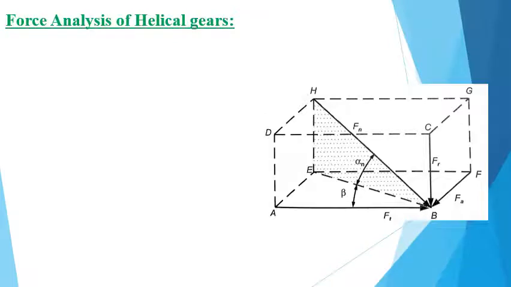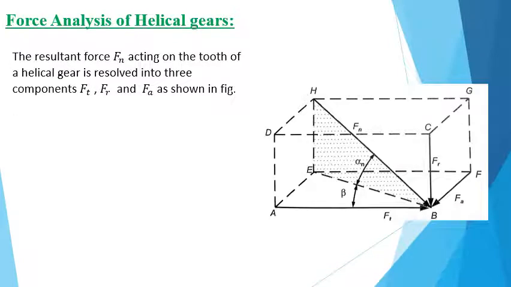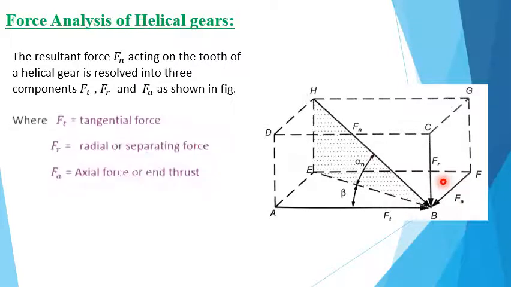Force analysis of helical gears. The resultant force Fn, which is acting on the tooth of a helical gear, is resolved into three components. Here we can see from the figure, this is the resultant force Fn, which is resolved into three components: Ft, which is the tangential force, Fr, the radial force, and Fa, the axial thrust or axial force.